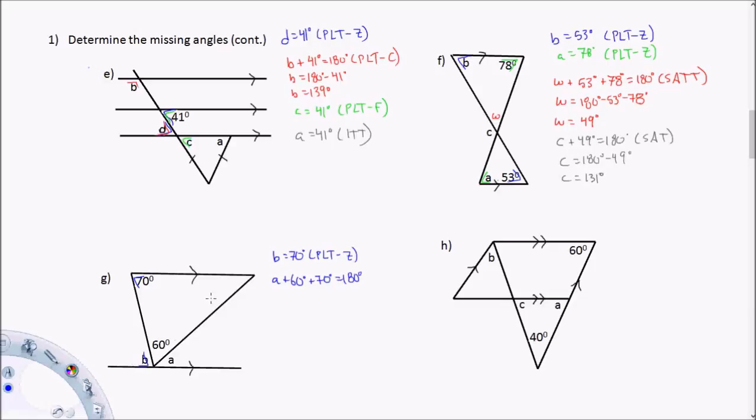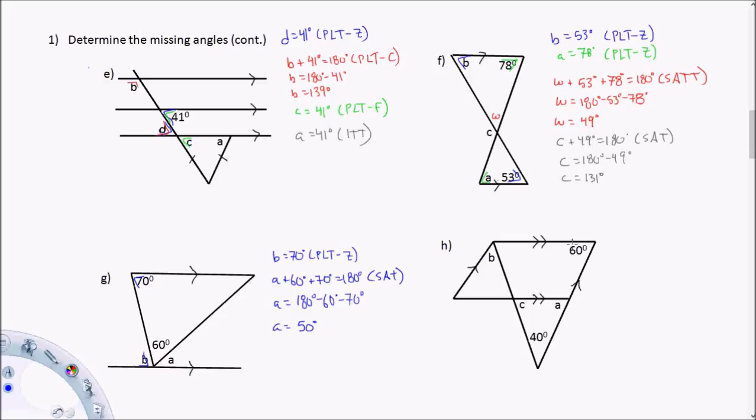All of these angles will add to 180, so SAT. So let's bring the 60 and 70 to the other side by subtracting it from both sides. So A would be equal to 180 degrees minus 60 degrees minus 70 degrees. Therefore, A is equal to 50 degrees.